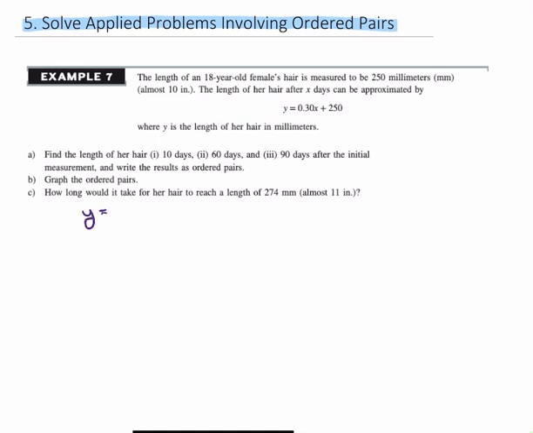So y equals 0.30x plus 250. So notice this is like our starting value, 250. If we were to plug in 0 for x, and let's remember what x and y represent. X is the number of days that pass, and y is the length of hair.